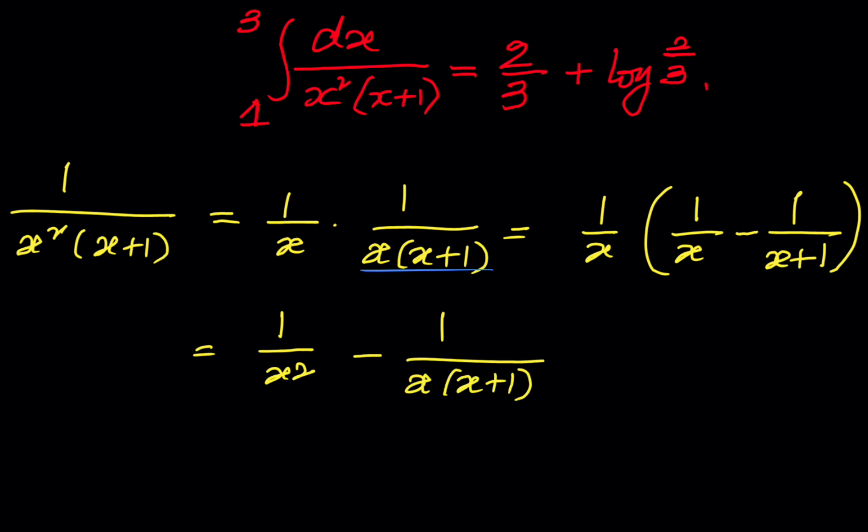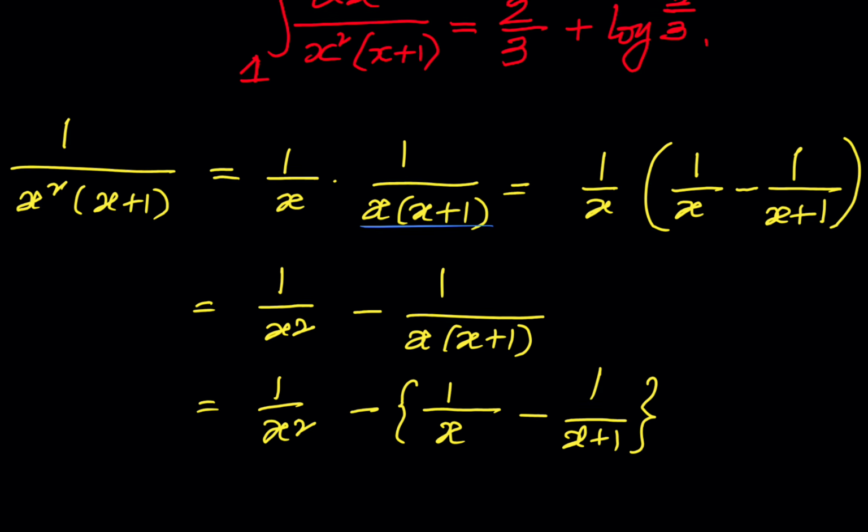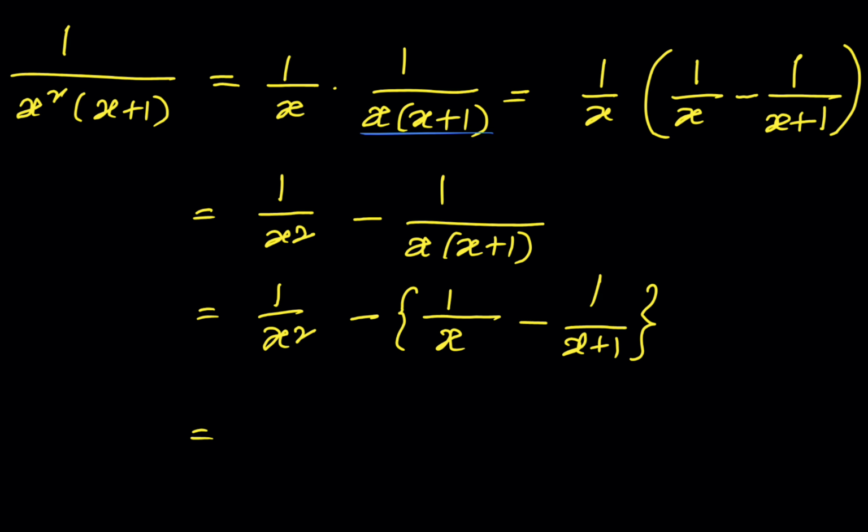Now how we have written 1 by x into x plus 1, we can write down one more time. That will be 1 by x square minus 1 by x minus 1 by x plus 1. So in the next step, it will become 1 by x square minus 1 by x plus 1 by x plus 1.